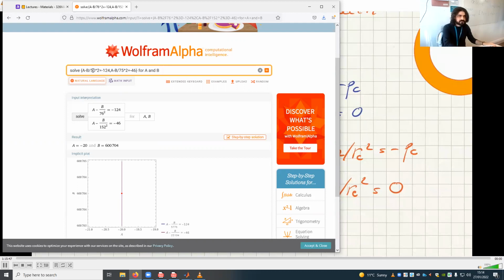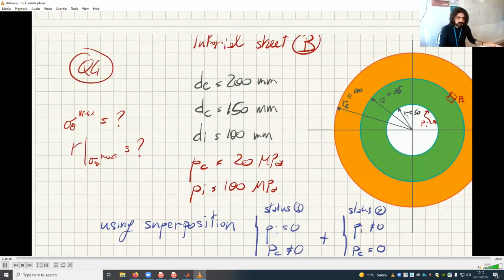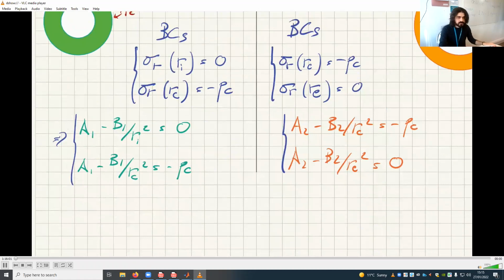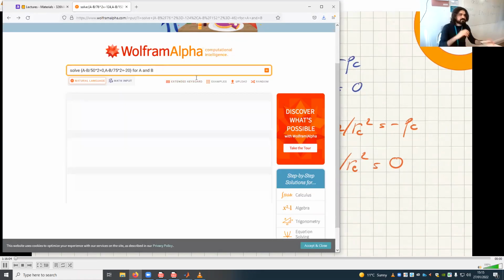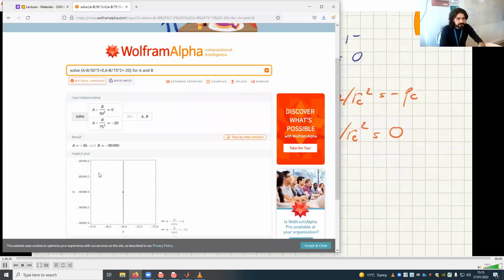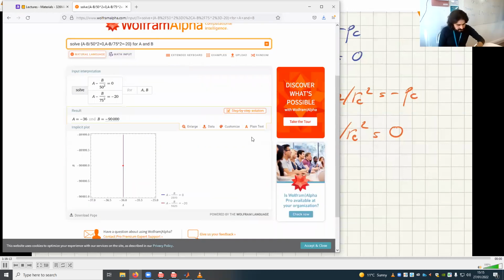We're looking at 0 and minus PC, which was minus 20. Check. Minus 20, yes. So this gives A1 is minus 36 and B1 is minus 90,000. I mean, this should be easy enough to solve by hand as well.